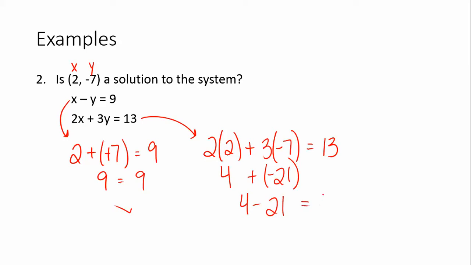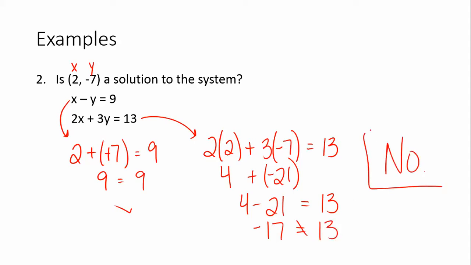Well, 4 minus 21 is -17. That does not equal 13. So no, the ordered pair (2, -7) is not a solution to the system. It is a solution for the first equation, but not both equations.